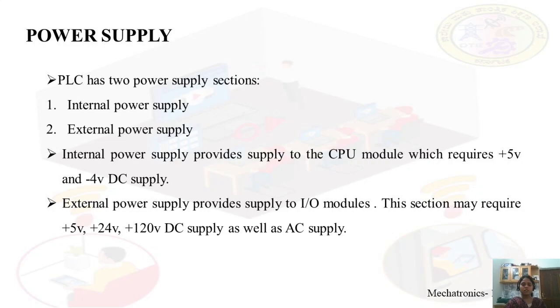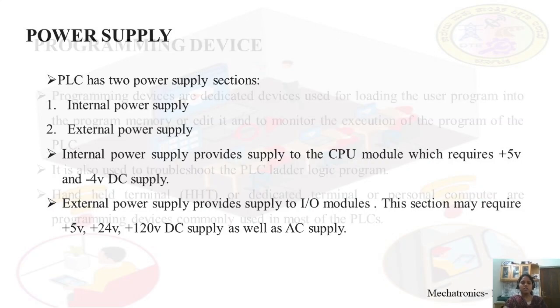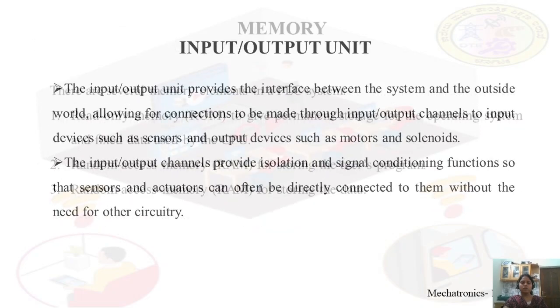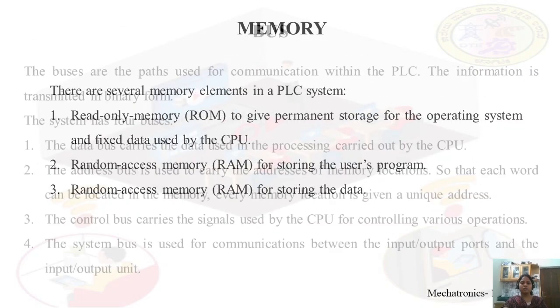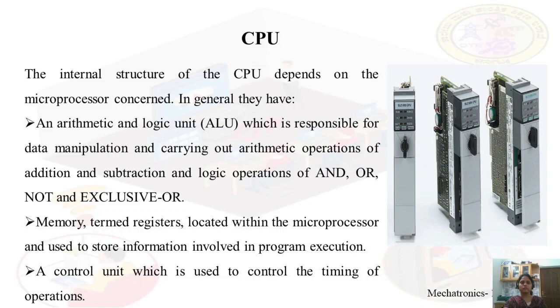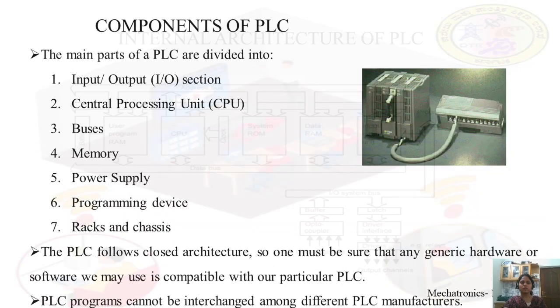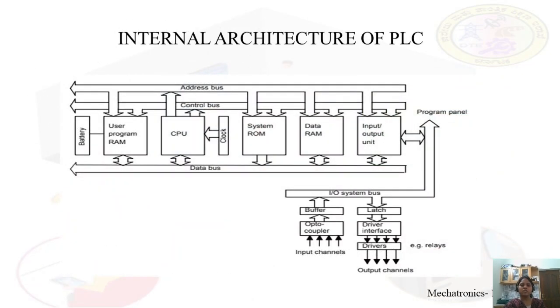If we see the internal architecture of the PLC diagram, see here, this is the input channels. See here, this is the external power supply. Here we can have plus 5 volt, plus 10 volt, plus 12 volt, 24 volt, 120 volt, etc. And even on output channels, here also we can have plus 5 volt, 24, 120 volts.